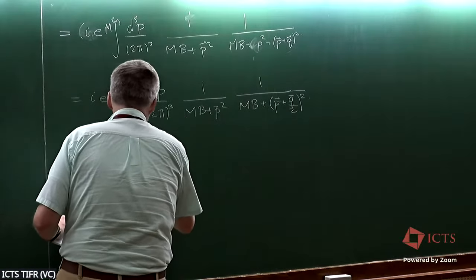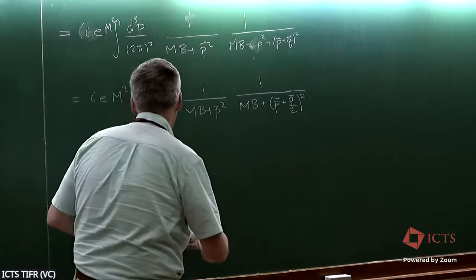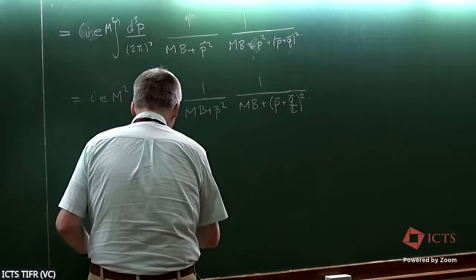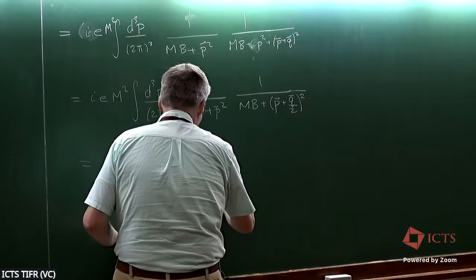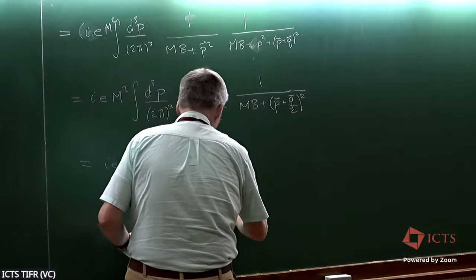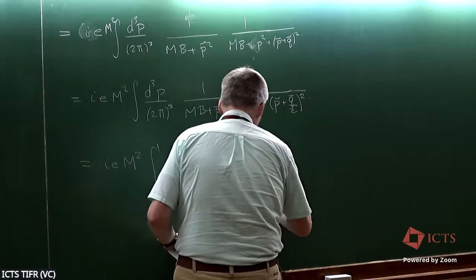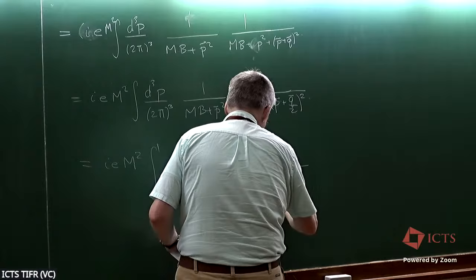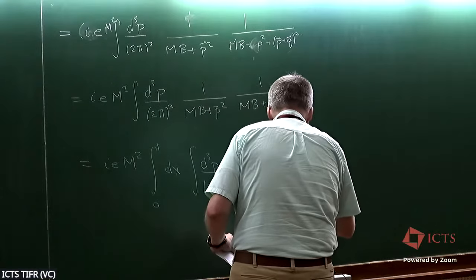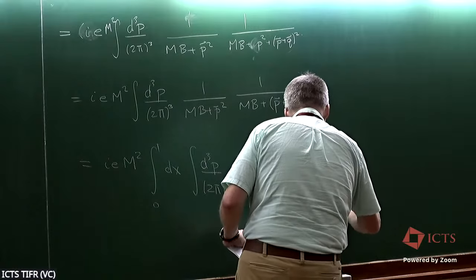So now I can use Feynman parameterization to combine these two denominators. And when I do that, I get that.